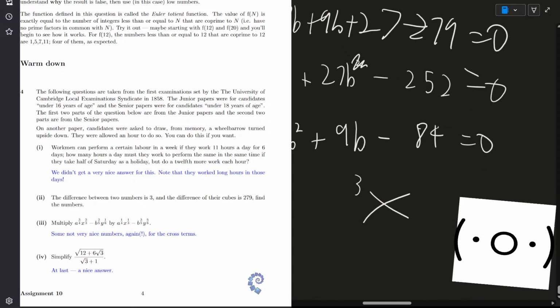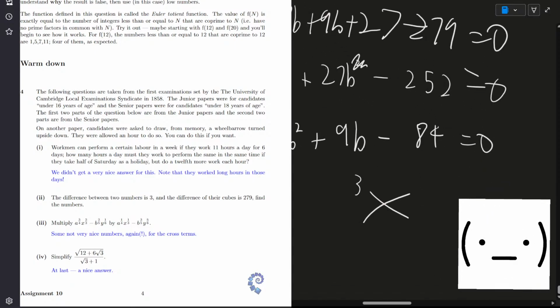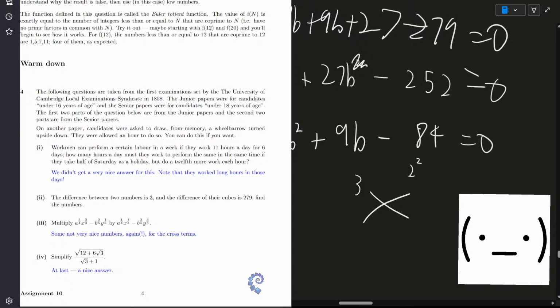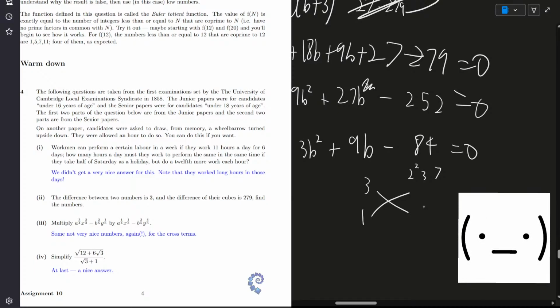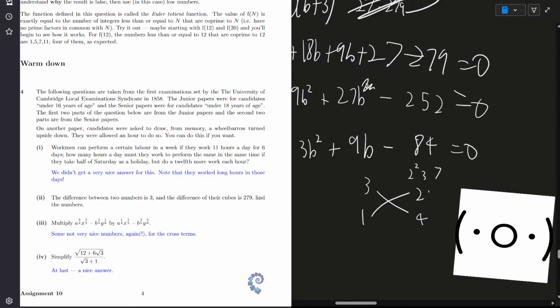Now all we need to do is compute 9. It's just this. So this is 4, this is 11.